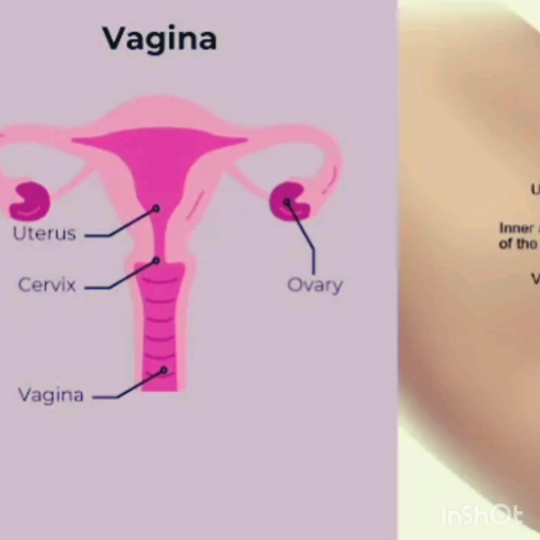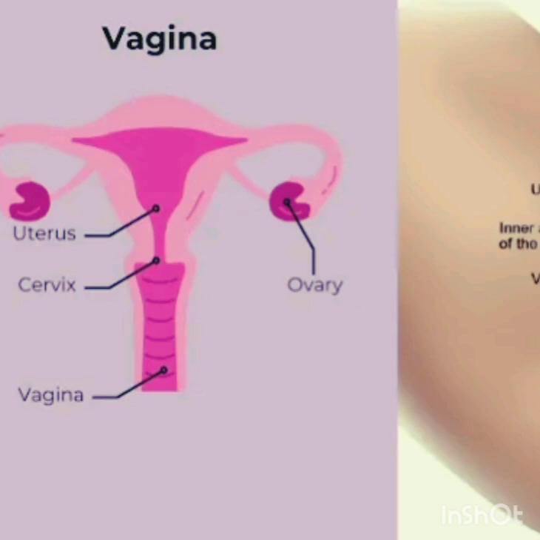So we have what we call the ovary. The ovary is a part of the female reproductive system, the internal genitalia. The internal genitalia is made up of the ovary, uterus, cervix, fallopian tubes, and vagina.